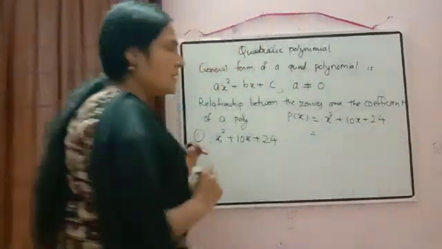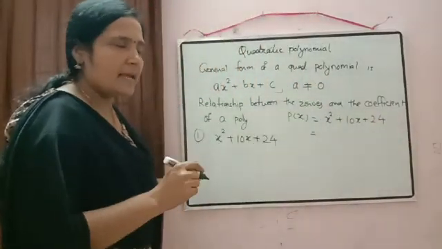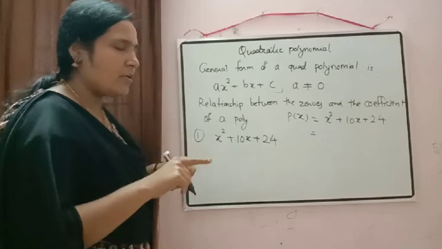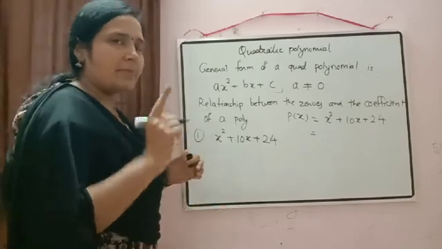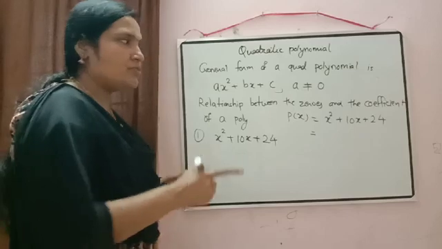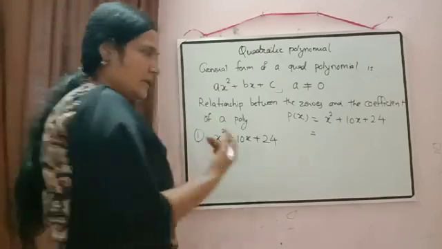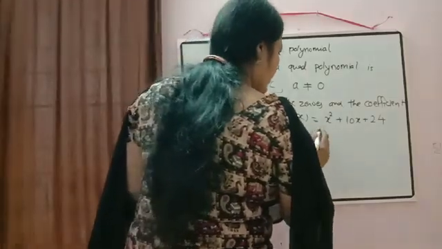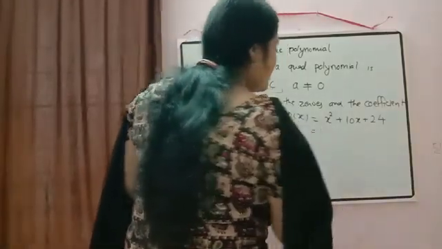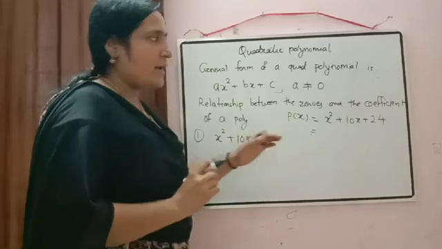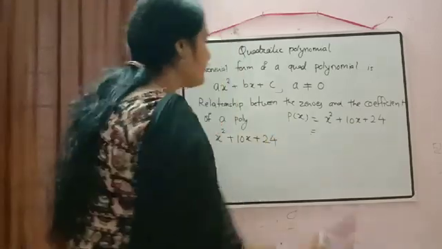Now the zeros of the polynomial, as the name suggests, means that particular value of x which will make the given polynomial equal to 0. So either you can write it directly, or first you can do the factorization. Now here we have to do the factorization by splitting the middle term.